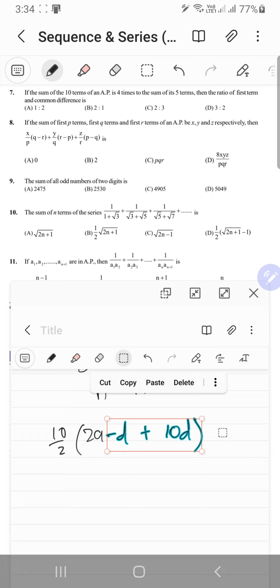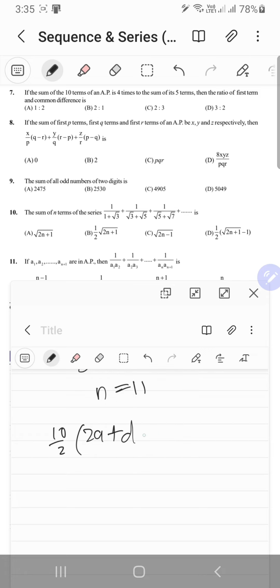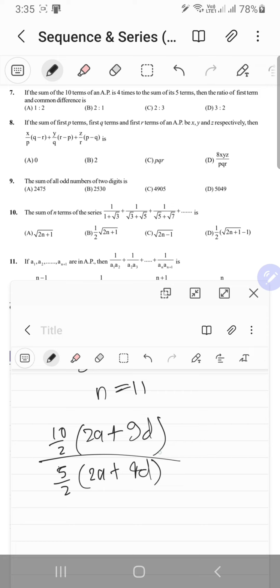Actually, no, just write as 9d. Who knows? That might be the best thing. This thing upon the sum of the first 5 terms. So it's going to be 4, I think. This ratio is 4. Yes.